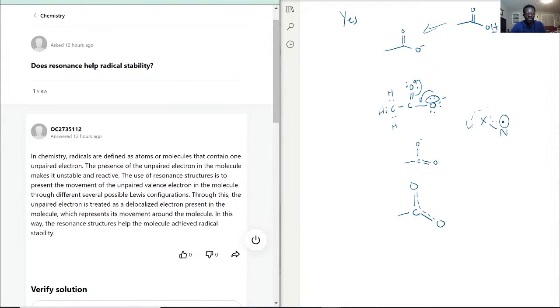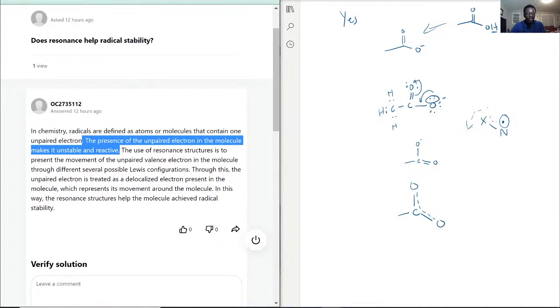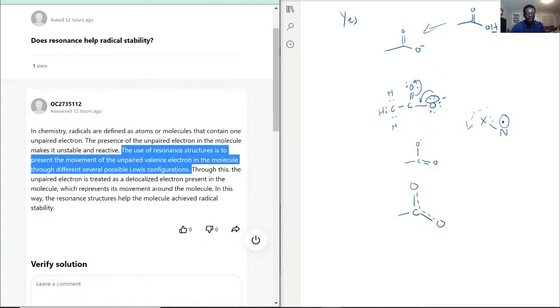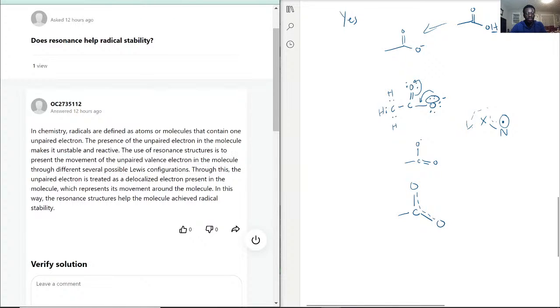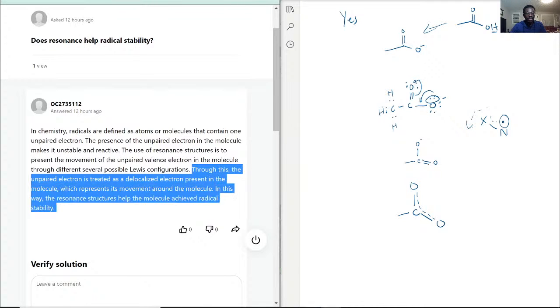So yep, the presence of the unpaired electron makes it unstable and reactive. The use of resonance structures presents a movement of the unpaired valence electron in the molecule through several different possible Lewis configurations, which is kind of like what we did with the carboxylic acid. The unpaired electron is treated as a delocalized electron present in the molecule, which represents its movement around the molecule.